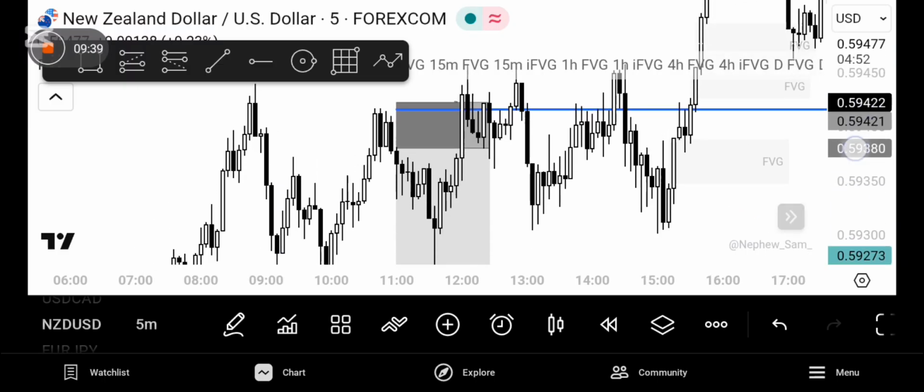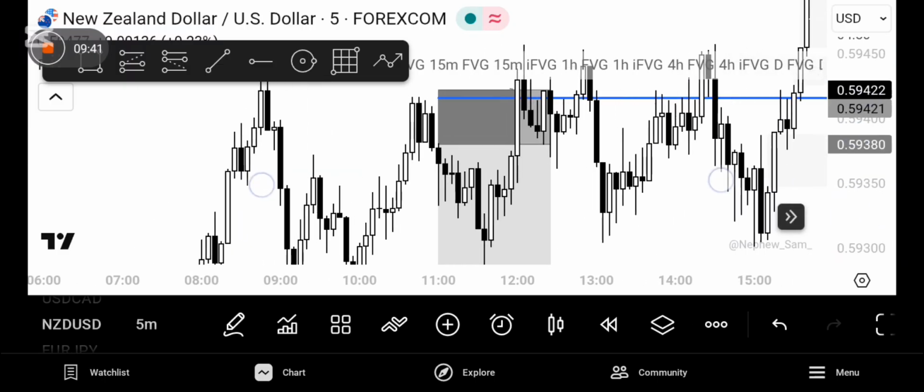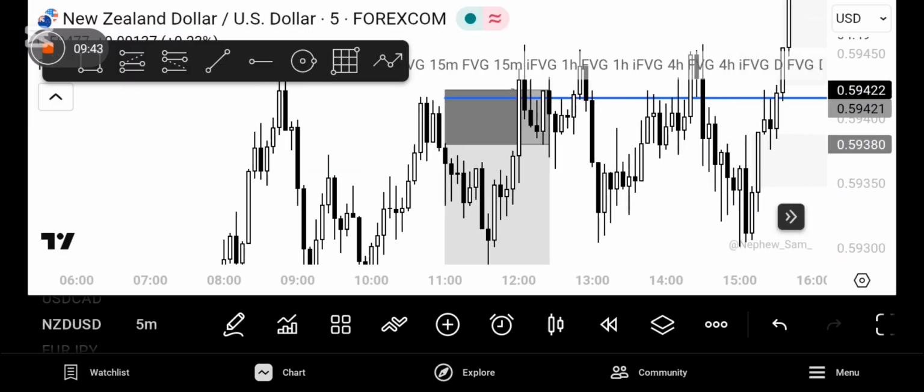But then again, while I was trying to enter this trade, my mind was telling me, you know what, take it on your MT5, go for market execution instead of setting a limit. My mind was telling me that, but I'm like, nah, I'll just wait for the best entry.